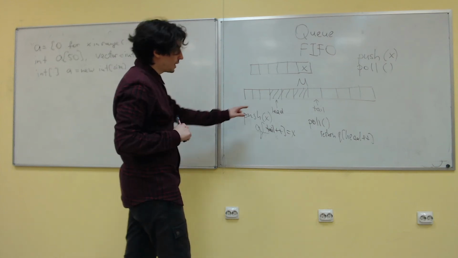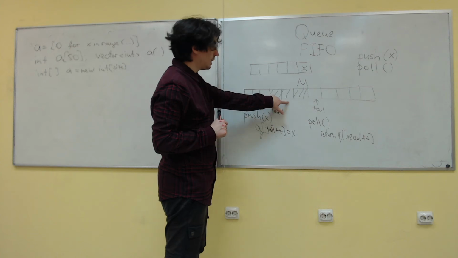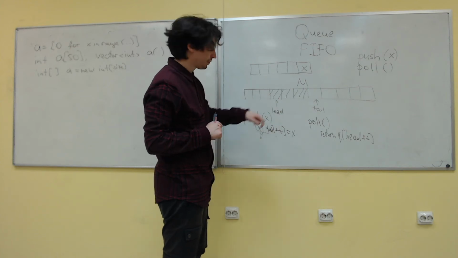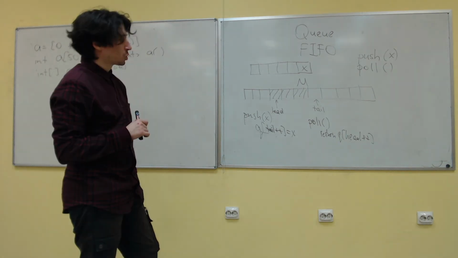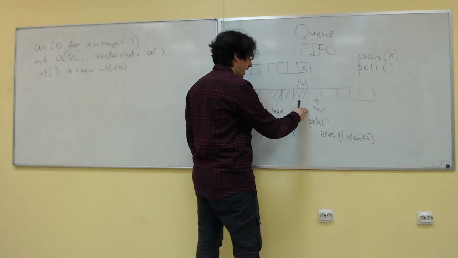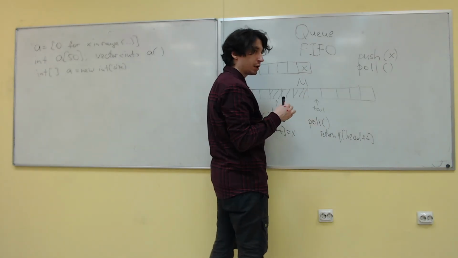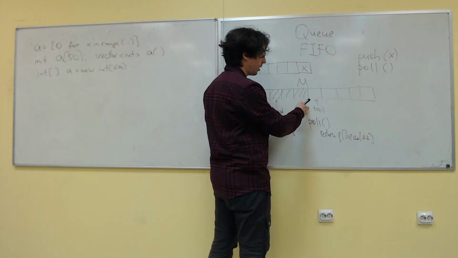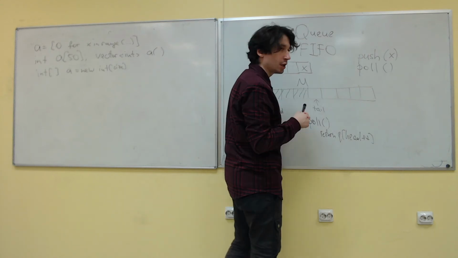So you just return the first element from the head and increment the head to the right. So you can see tail and head will never go out of m, because the number of pushes is less than m in general.